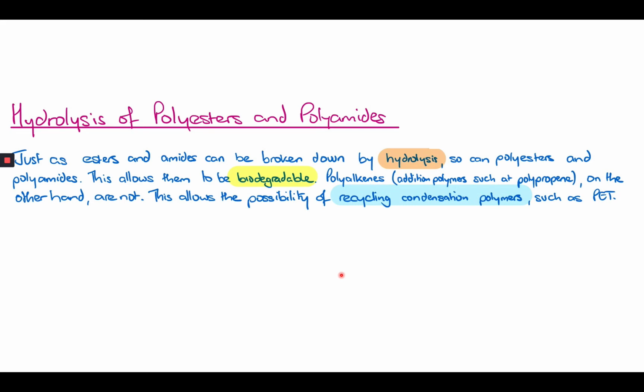So esters and amides can be broken down by hydrolysis, and that's what makes them biodegradable. And then, as the spec said, polyalkenes, which are addition polymers, so polyethylene, polypropene, are not biodegradable, and that means we can recycle polymers if we are able to break them down.